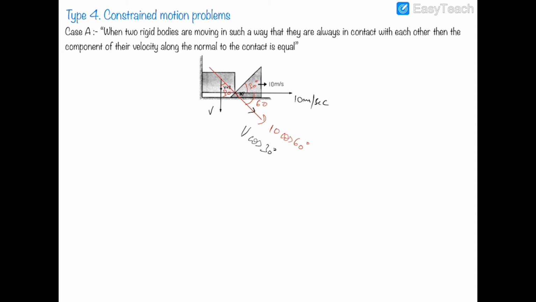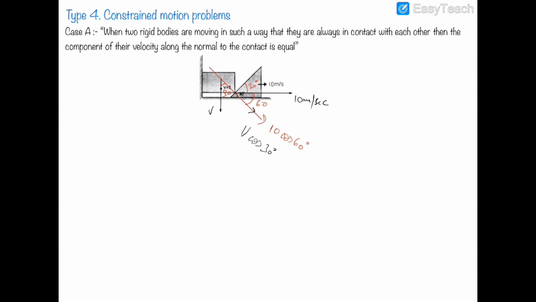But it is not the case. And if that wedge is moving faster, then 10 cos 60 degree will be greater than v cos 30 degree. And if the wedge will move faster on the normal, then this contact will no longer exist. So this is also not the case.